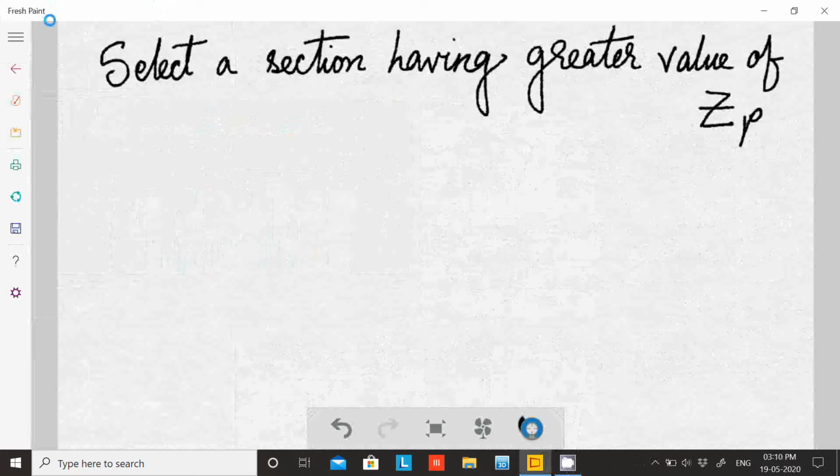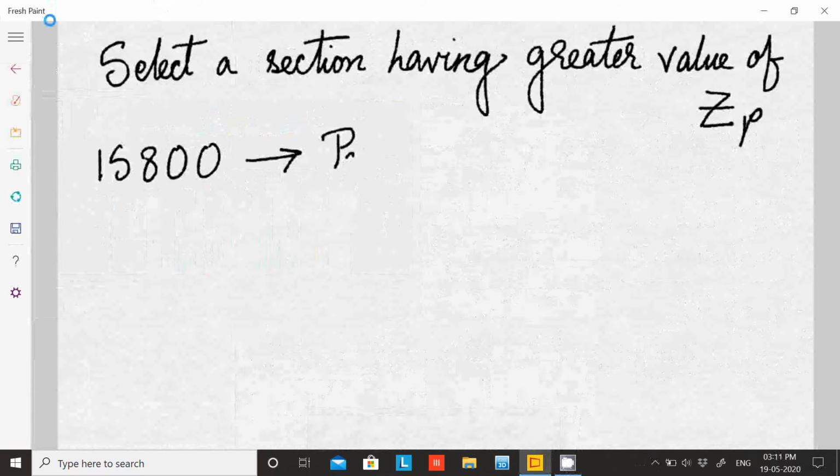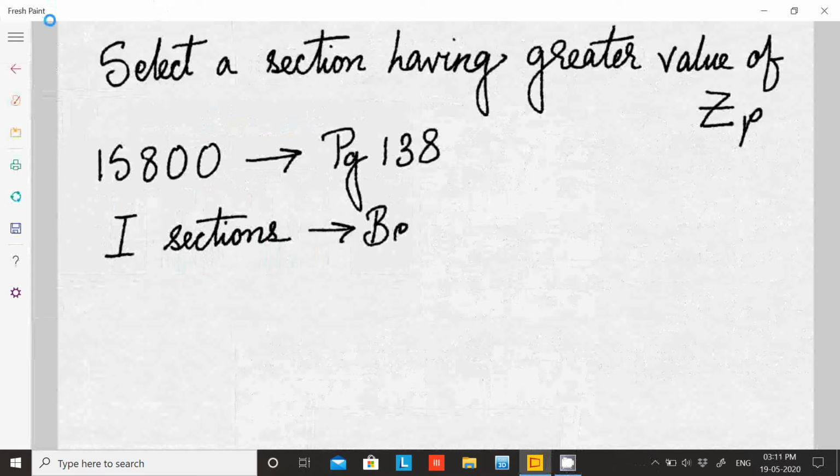Okay, so if you look into IS 800 on the backside, like page 138, the tables are given. From these tables, you'll see that for various I sections, since we will be using I sections for beam, various values of ZP are there.